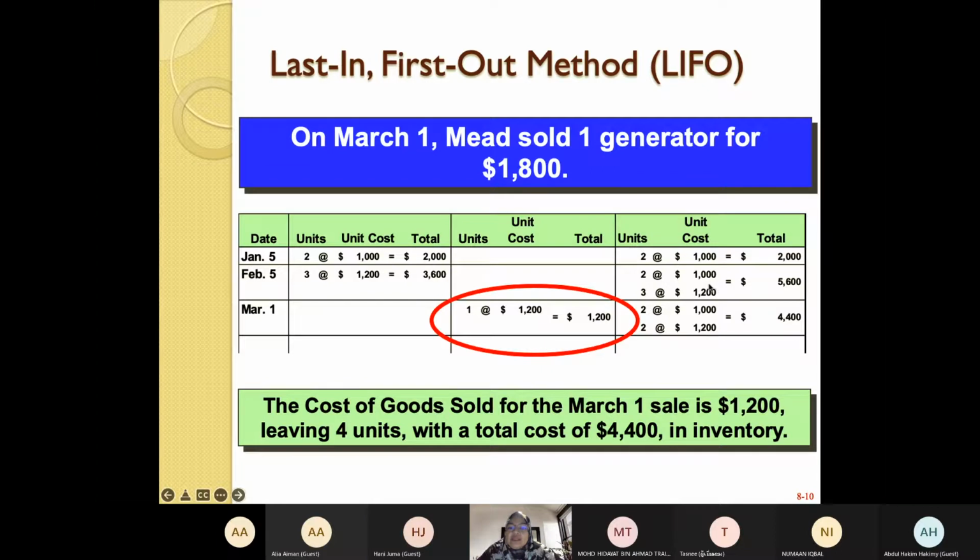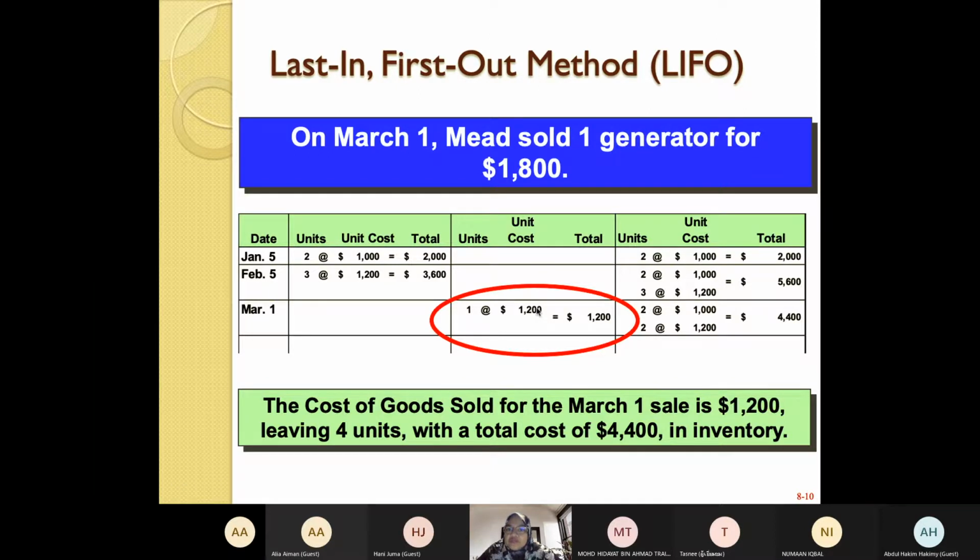But under this method, what is last in will be the first one out. So when you make a sale of 1 unit using last in, first out, you're going to take from the 1,200 cost. The cost of goods sold is based on the 1,200, not on the 1,000, because last in is the first out for the cost of goods sold.